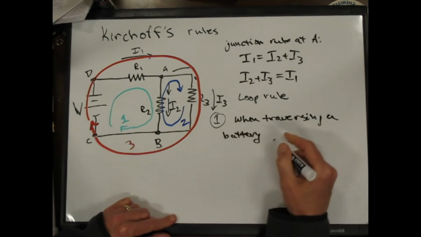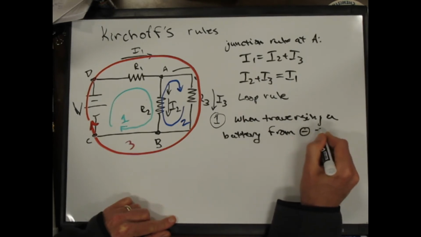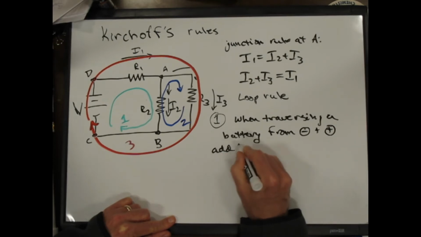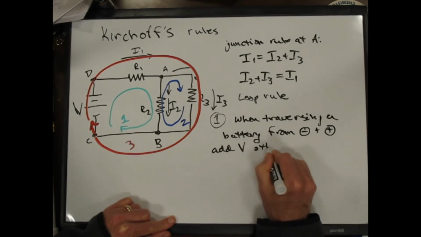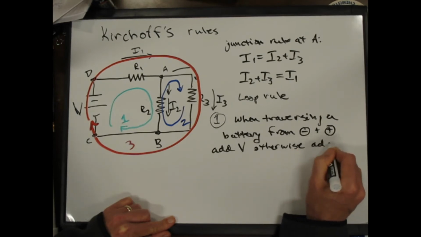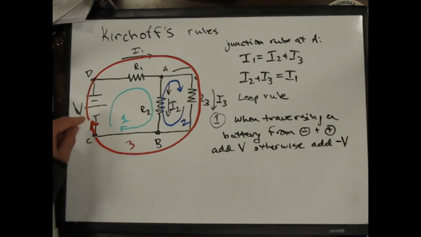Here's the breakdown of the loop rule. We're looking at the changes in potential around a loop, which have to add up to 0.